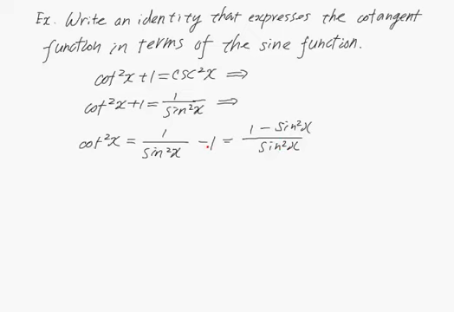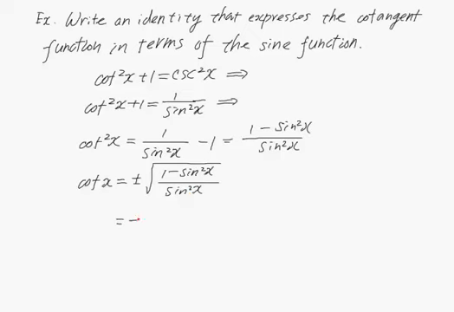Okay, and then you take the square root of both sides. You get the cotangent x equal to plus minus the square root of 1 minus sine square x over the sine square x. And then you can take this sine x out.